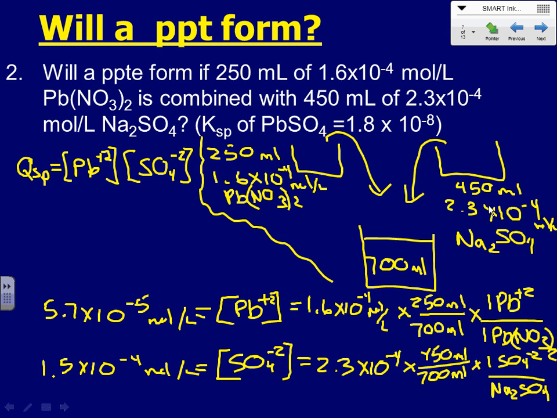You could have written out an equilibrium equation if you wanted to, but it's not needed. 5.7 times 10 to the minus 5. 1.5 times 10 to the minus 4. We're into the 10 to the minus 9 range with a 5 times almost 2, so 10 to the minus 8, maybe, something like that.